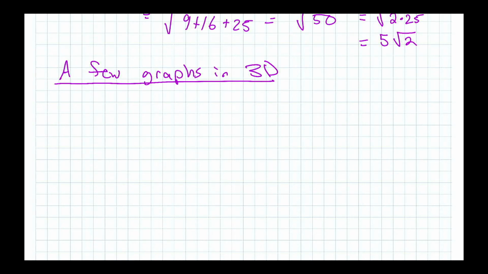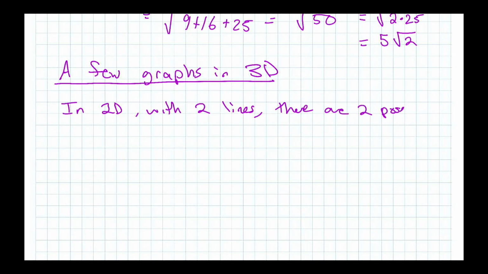In 2 dimensions, there's only two possibilities if you have two lines. The first is that the lines are going to be parallel, right? And the second possibility is if they're not parallel, then they intersect.